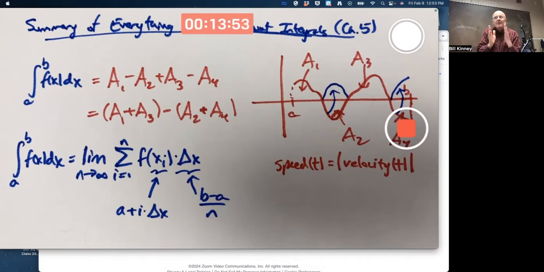And maybe you even allow for rectangles of varying widths. Yikes. If you want your theory to be robust, strong, you would want the limit of all those kinds of Riemann sums, as all the rectangles get skinnier and skinnier, to be the same number for the integral to exist. That's the concept of integrability.